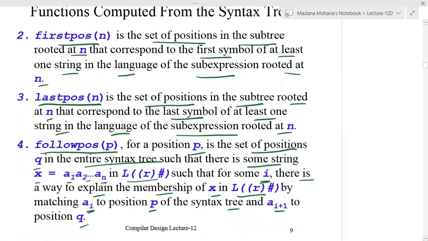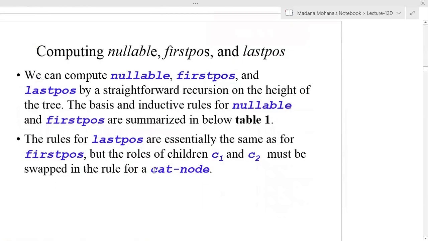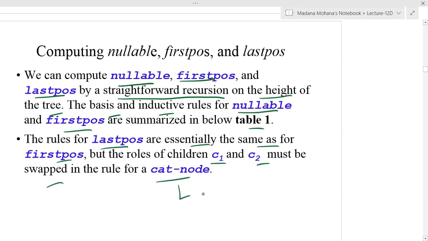So now for all these, the general rules are shown below. We can compute nullable, first position and last position by a straightforward recursion on the height of the tree. The basis and inductive rules for nullable and first position are summarized in the table below. Whereas the rules for last position are essentially the same as first position, the only difference is that the roles of children C1 and C2 must be swapped in the rule for the cat node.